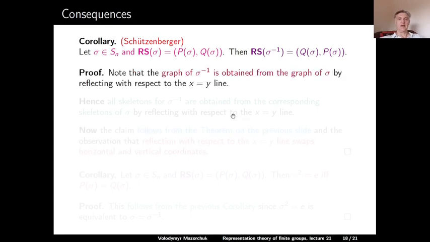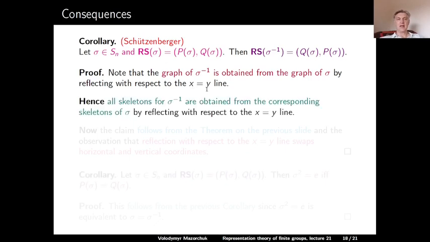Proof. We note that the graph of sigma inverse is obtained from the graph of sigma by reflecting with respect to the line x equals y in our coordinate plane. Hence, the skeletons for sigma inverse are obtained from the corresponding skeletons for sigma by reflecting with respect to the same line x equals y.